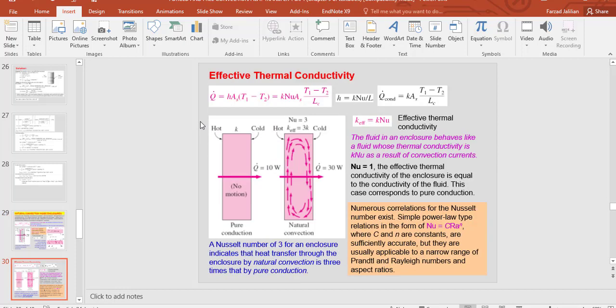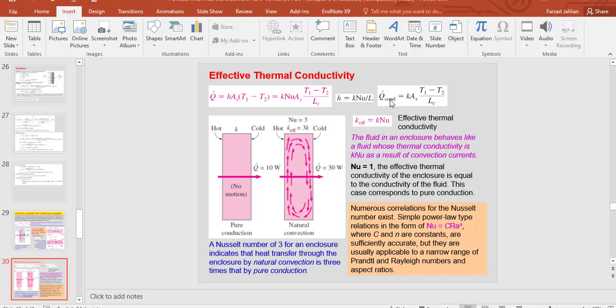Okay, now let me introduce a new parameter, which is effective thermal conductivity. As I told you, when we have an enclosure in which the fluid is not in motion, we don't have convection heat transfer. All of the heat transfer is by conduction. So we can calculate this by this equation, Q dot by conduction.